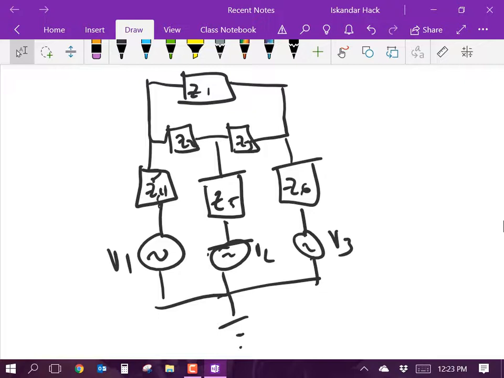You can draw the loops in any direction you want. You can draw them inside and out. Basically, as long as all branches are included in a loop and all impedances and all voltage sources are included.